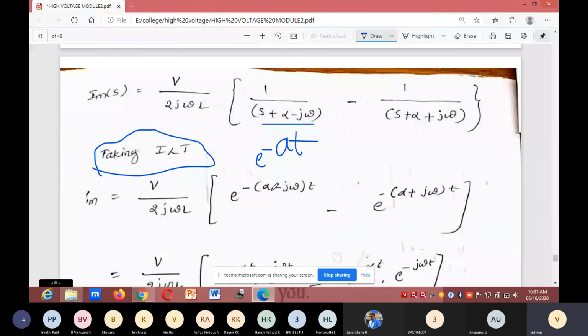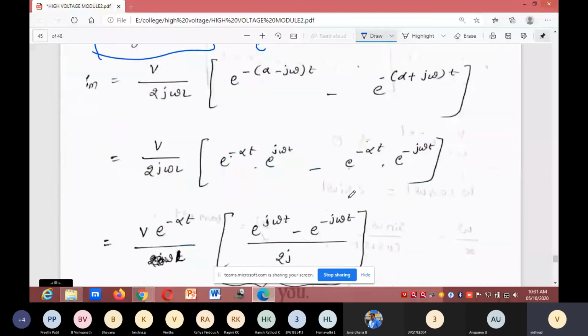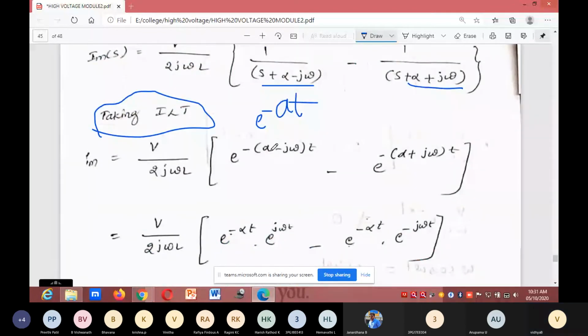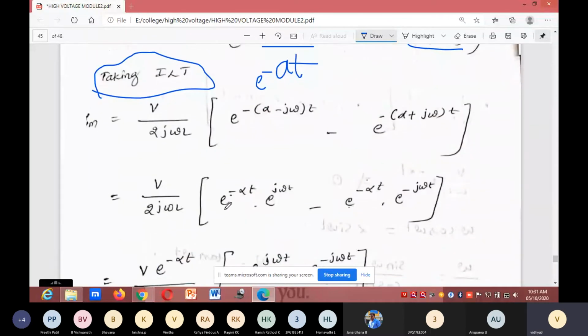Similarly for the other term: minus e to the power of minus, alpha plus j omega, into t. If it is like this, then you need to separate: e to the power of minus alpha t into e to the power of j omega t, minus e to the power of minus alpha t into e to the power of minus j omega t.